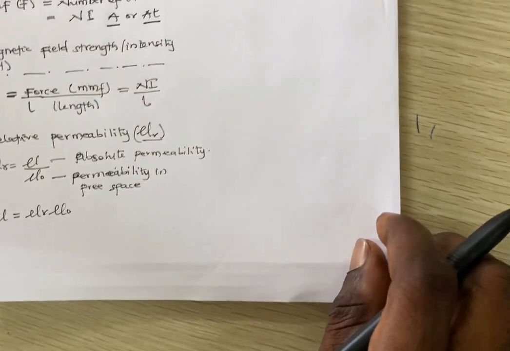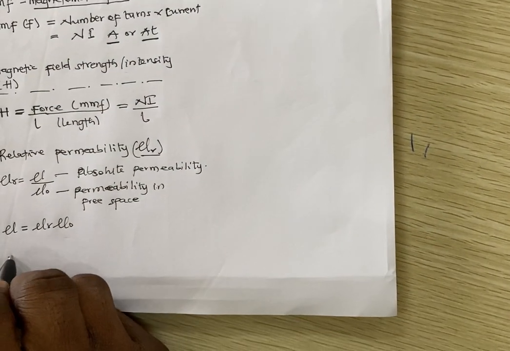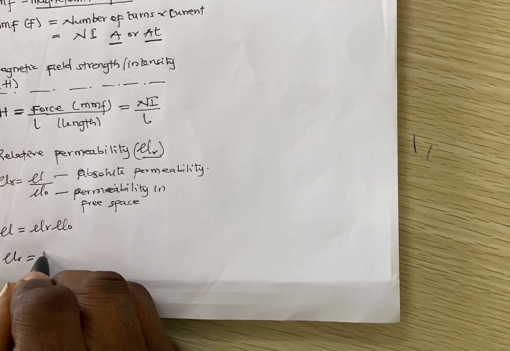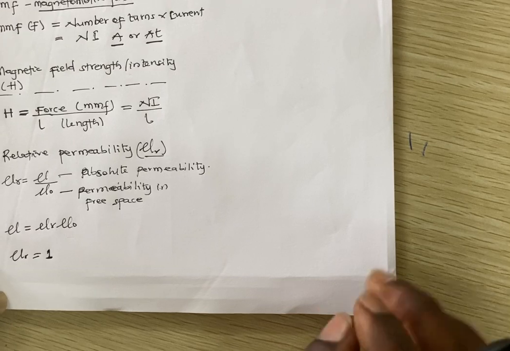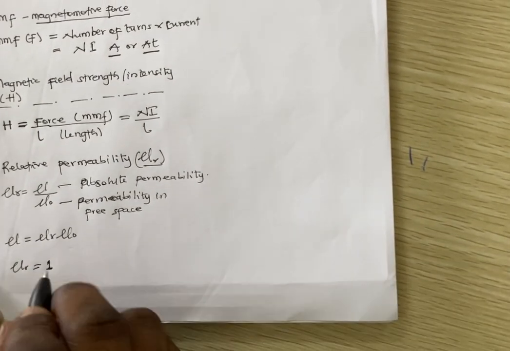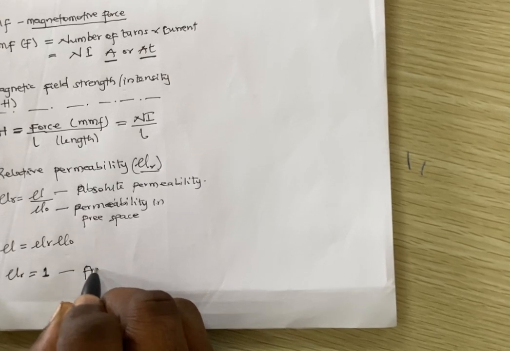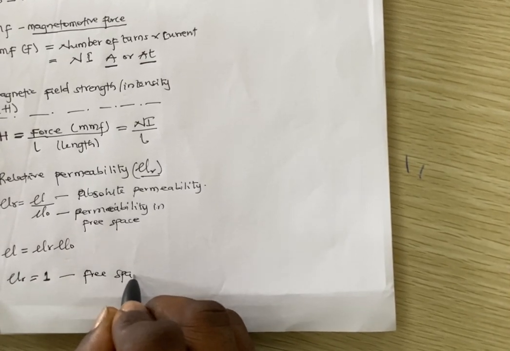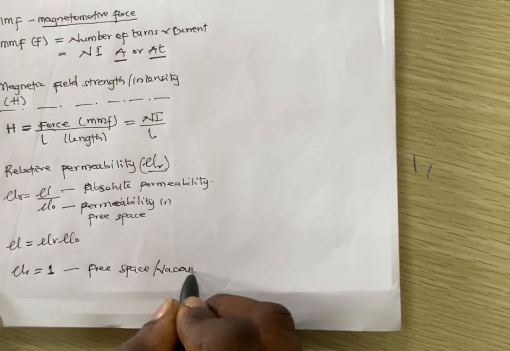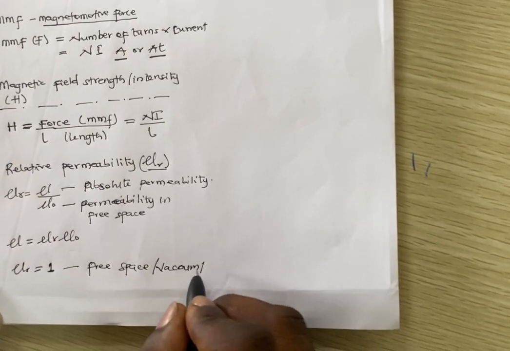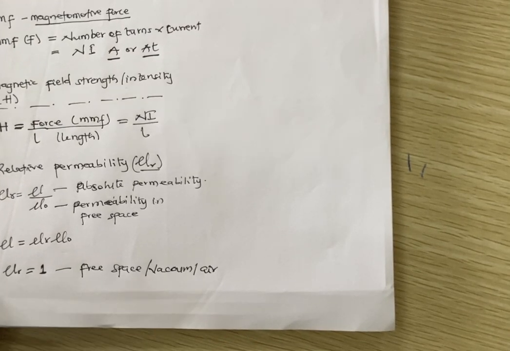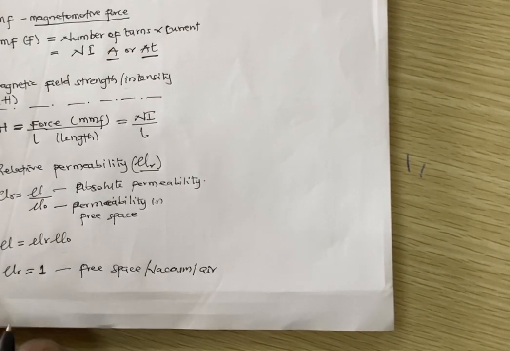Now in free space, we say that the relative permeability of a material is equal to 1. In free space, or vacuum, or air, the relative permeability of a material is equal to 1.